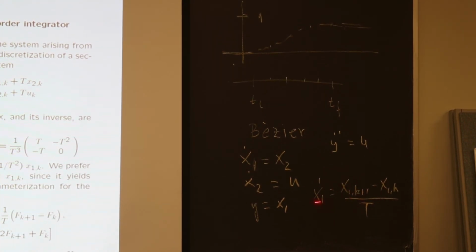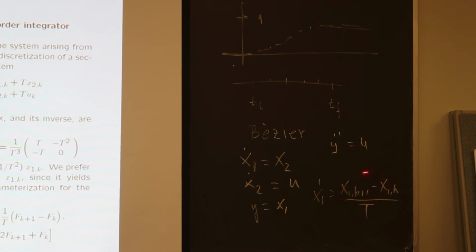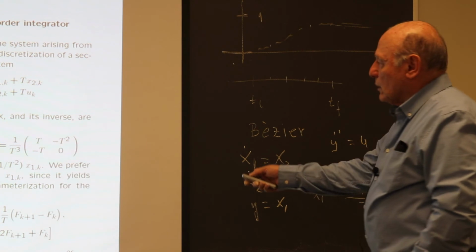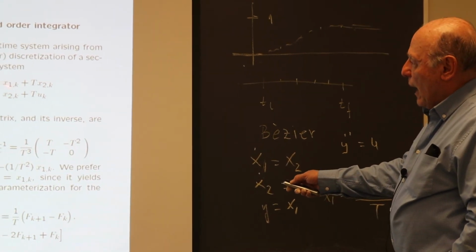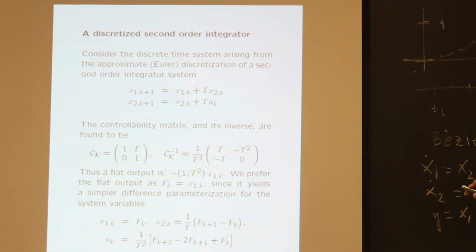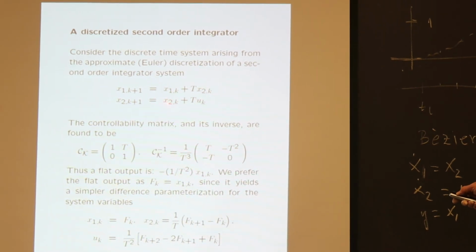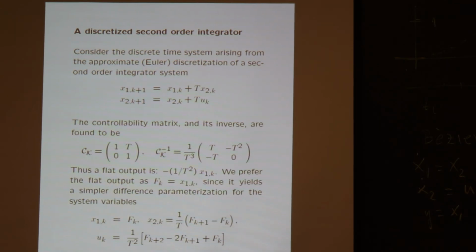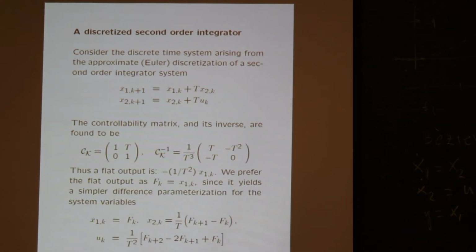And the second derivative will also be this value minus the previous one divided again by T. That gives you a T squared in the denominator. And then you can obtain the controllability matrix of this system, with the matrix A being [1 T; 0 1] and the B matrix being [0; T]. So this is a simple, approximate representation of a second order system.